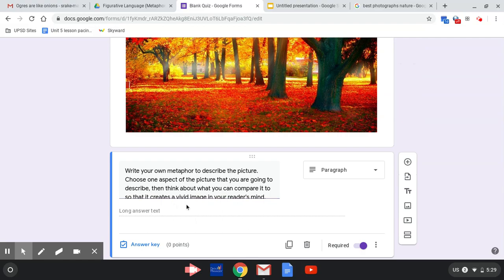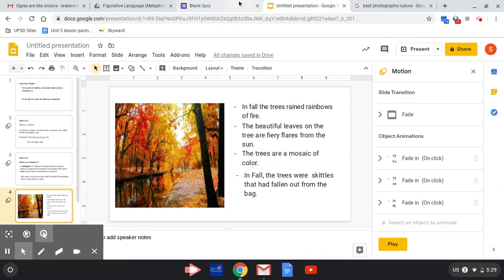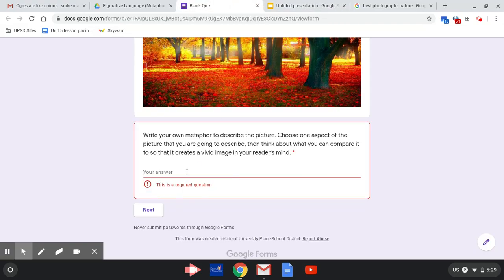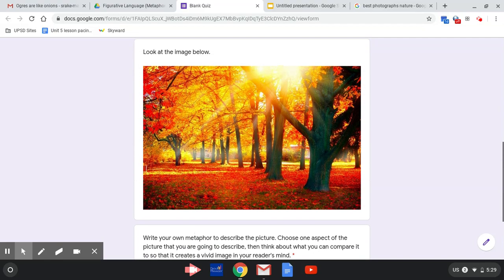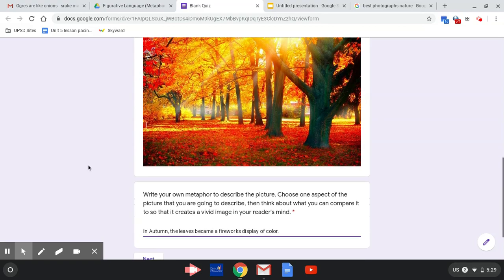So in my answer, I'm going to say that in autumn, the leaves became a fireworks display of color. So what can you compare this image to that will create a more vivid description in your reader's mind?